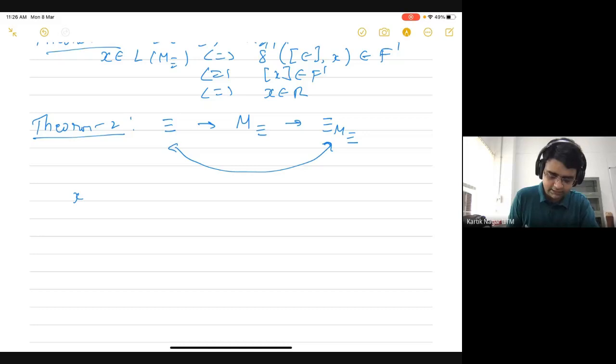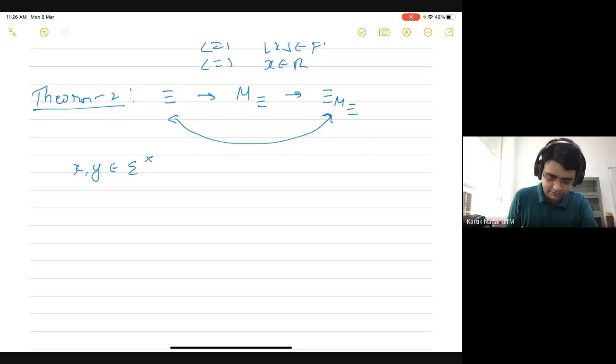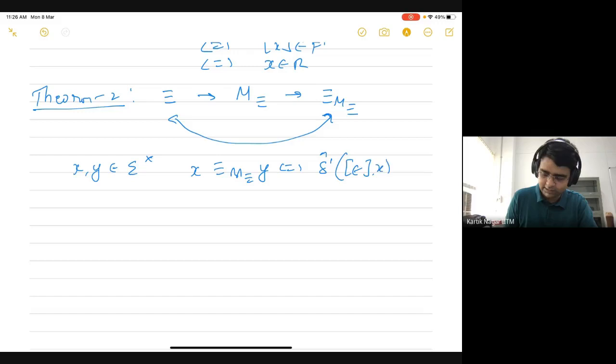Let's say you are given two strings X and Y which belong to sigma star, which are related by this relation. Remember how we define this relation: X is related to Y by this relation if and only if delta prime hat of epsilon comma X is equal to delta prime hat of epsilon comma Y.